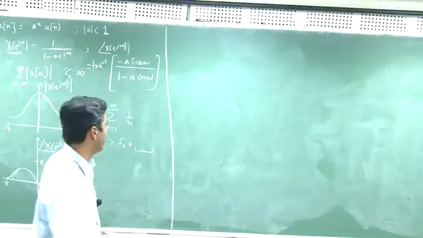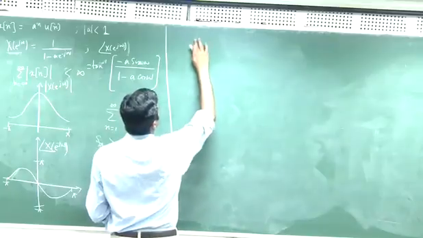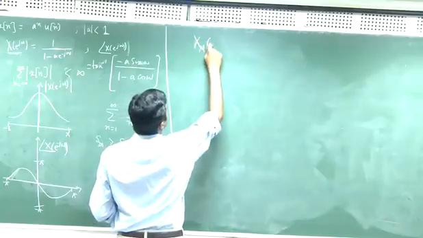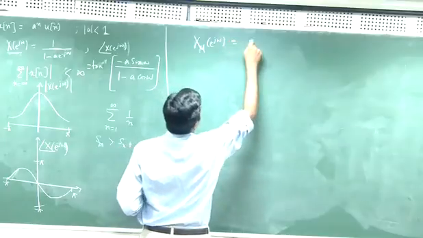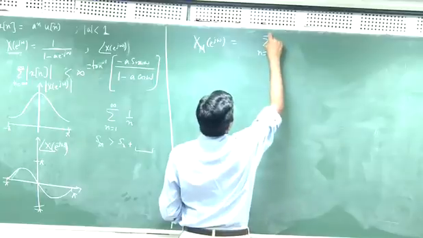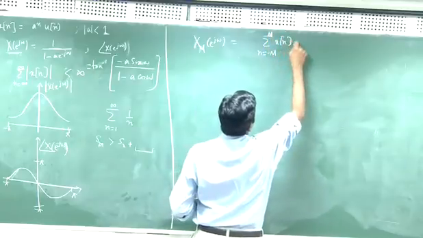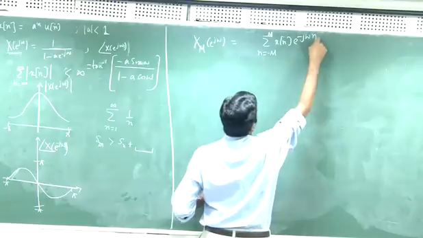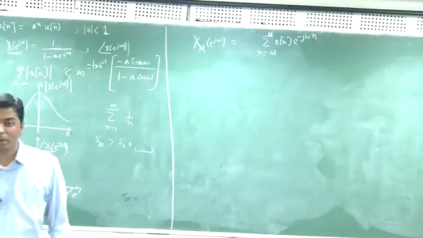The main point is that the sinc function is not absolutely summable, and so we had to make a relaxation of the definition of the DTFT. And what relaxation did we make? We defined this, right?